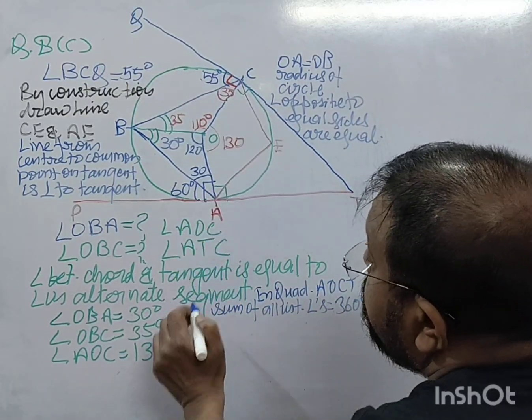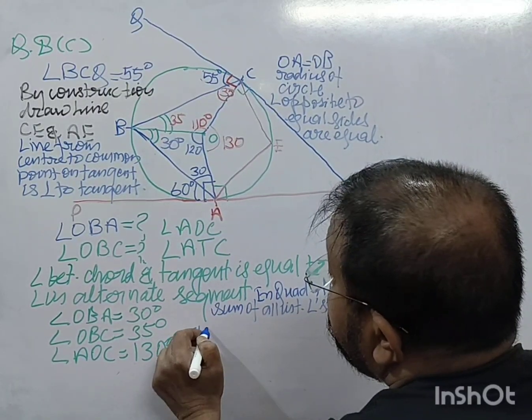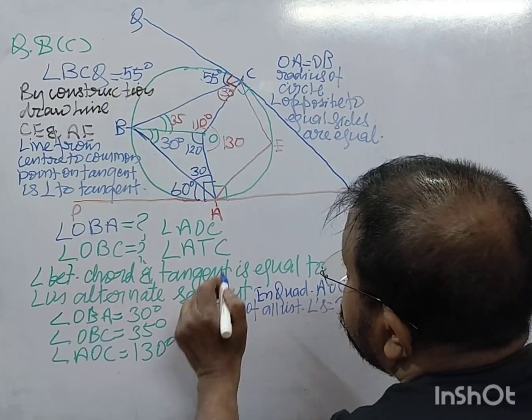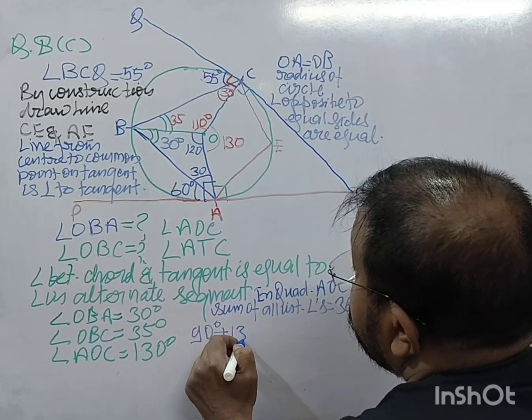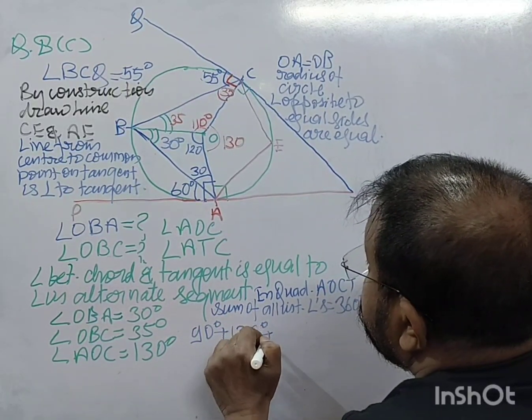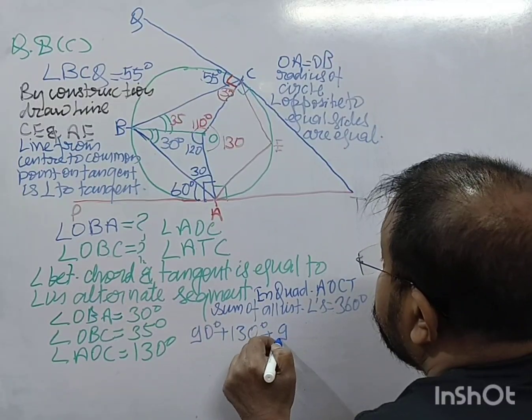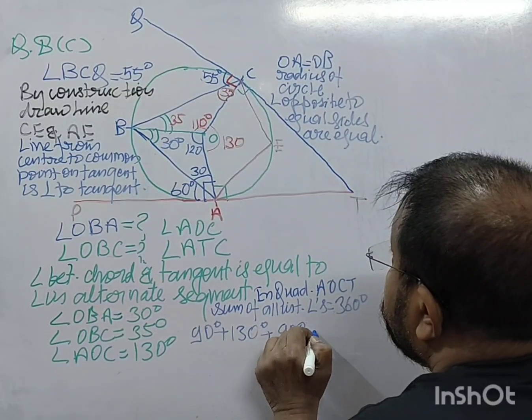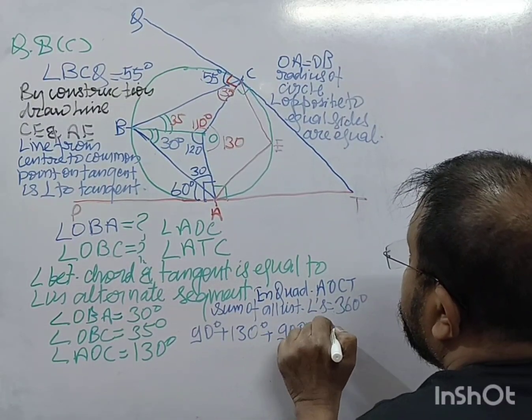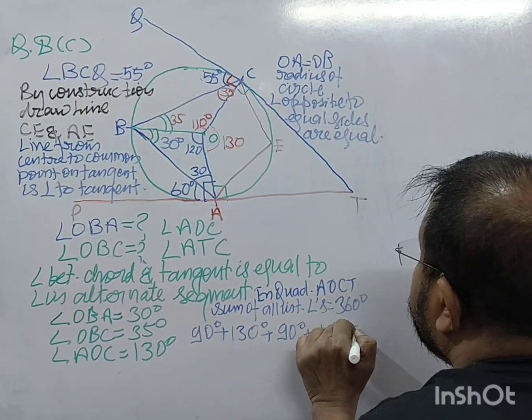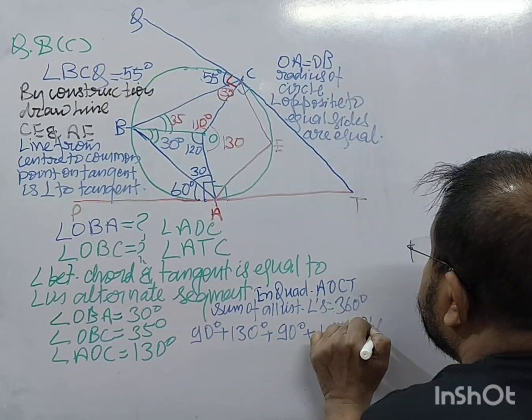Right, so this is of 90 degree. So 90 degree plus 130 degree plus 90 degree plus angle ATC is equal to 360 degree.